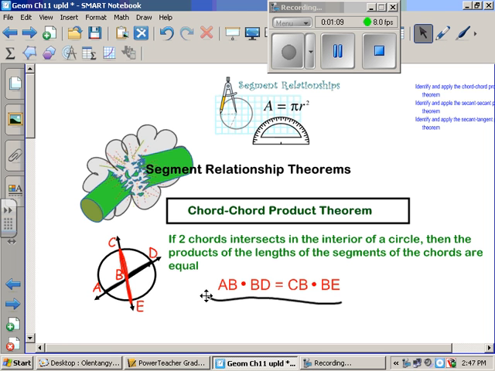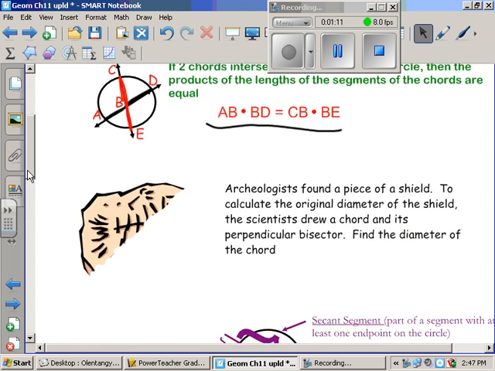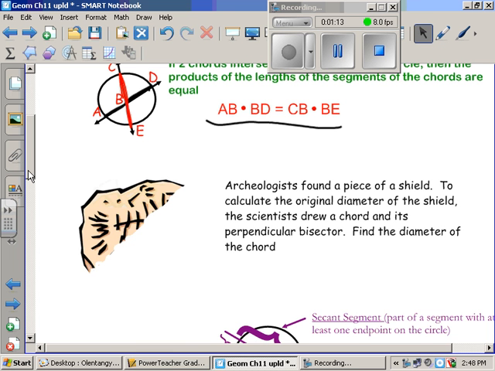I have some examples. Let's try an application here first. So here's an actual application I came across a long time ago. Archaeologists found this piece of a shield, and they were trying to figure out how big it actually was. So they drew a chord, and then they drew its perpendicular bisector to find the diameter.